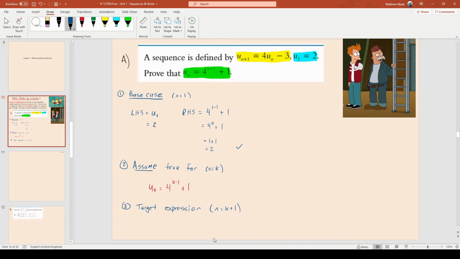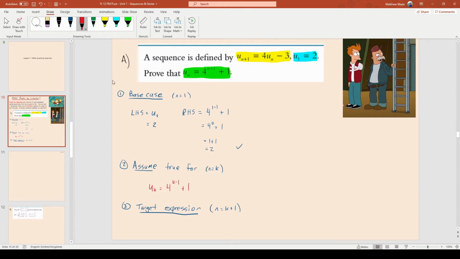Now, if that's true, here's what we've got. We're going to put k plus 1 in. U to the k plus 1, I'm going to switch back to blue.